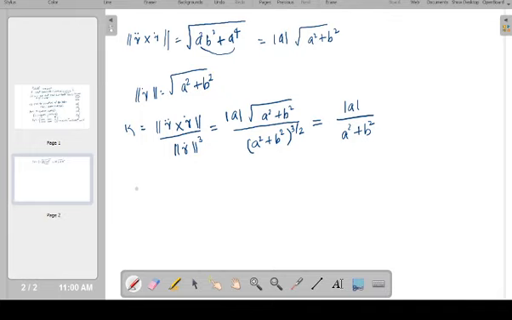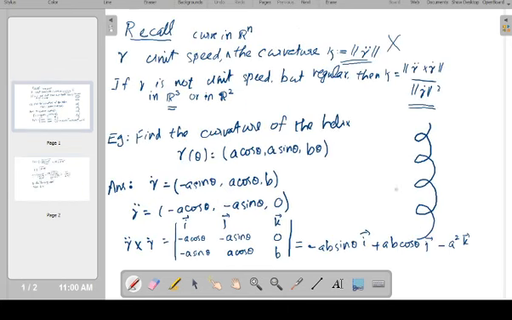So let us examine what happens in the limiting cases. Suppose b equal to 0. Then gamma of theta equals a cos theta, a sin theta, 0.